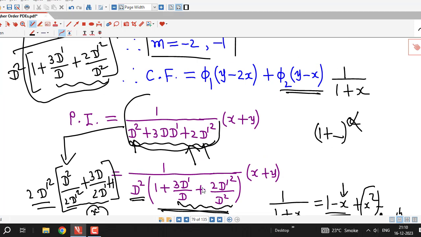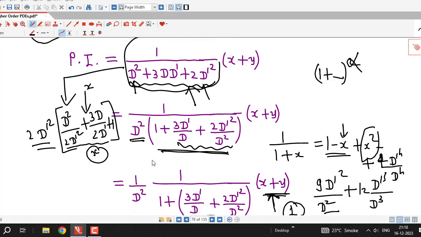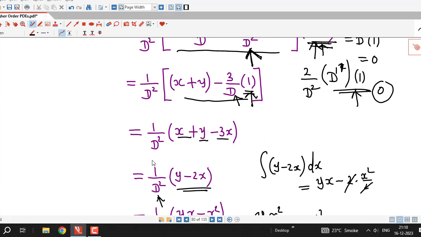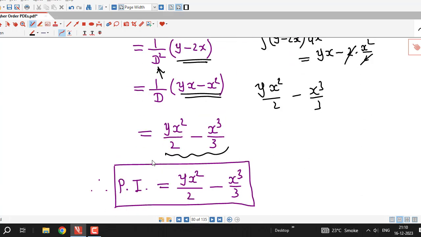So here you can see this is our x in the binomial series, and here you can see this is our x which is different from this. Here I have D dash square, here I have D square, here I have 3D dash, and here I have 3D. So whatever particular integral we obtain is going to be different from this particular integral, but both will be considered as correct answers.